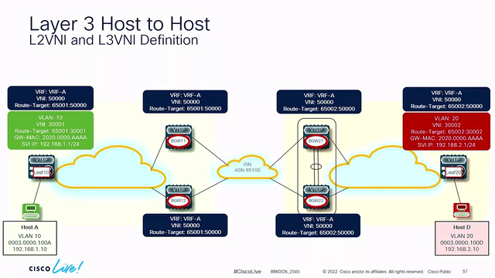That's why I said at the beginning, the border gateway is the key component that allows you to control what you extend across sites. If I define the L2 VNI on the border gateway, it means I want to go layer 2 to a remote site. If I define the L3 VNI on the border gateway, it means I want to go layer 3 across sites. That's the level of control you gain with this VXLAN multi-site architecture.